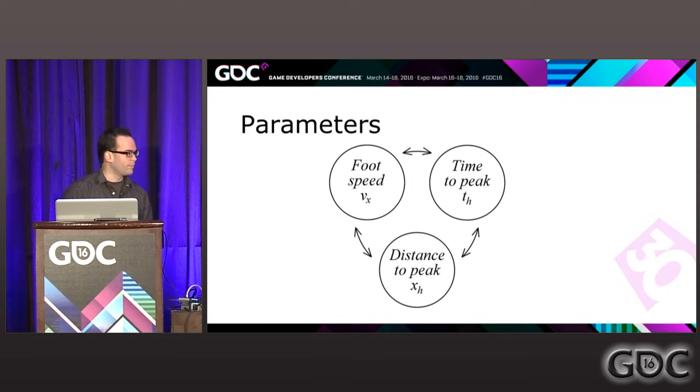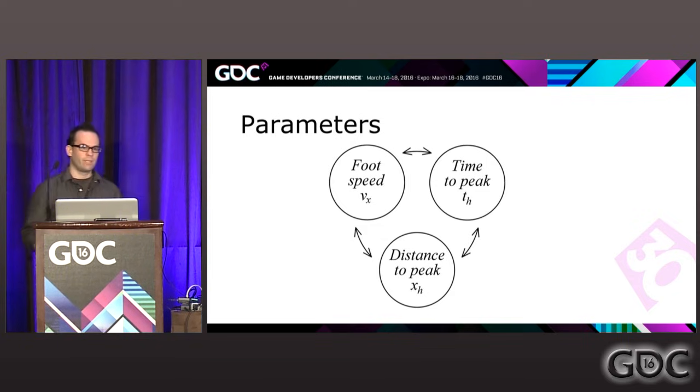We also have this relationship among three parameters now. Previously, we were speaking about the duration of the jump, the time to reach the peak of the jump, t sub h. Now we're going to start talking about the horizontal distance that we cover on the way to the peak of the jump, and we're also going to be talking about our foot speed, v sub x. You can pick two of these, but the third one necessarily has to be a function of the other two.